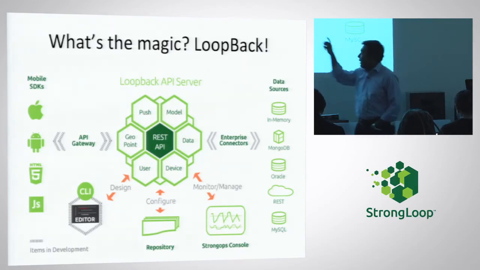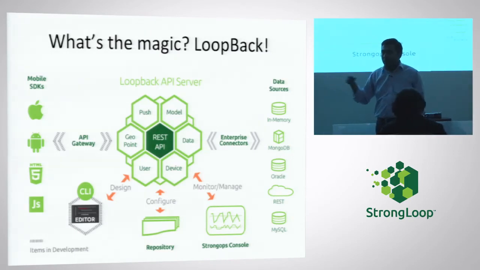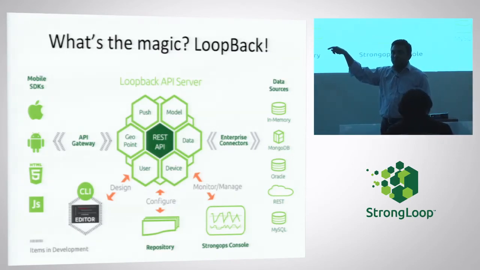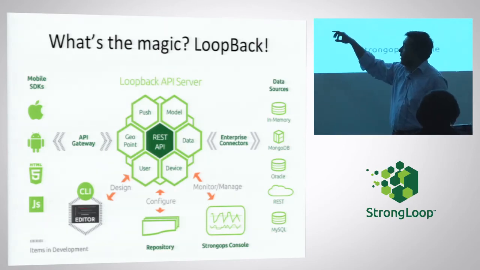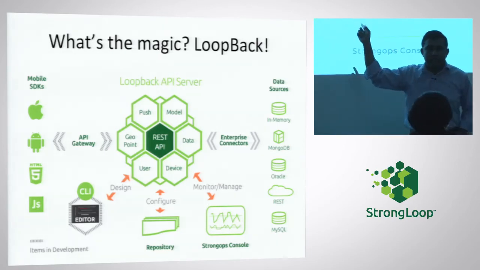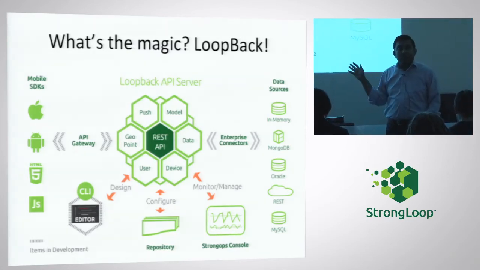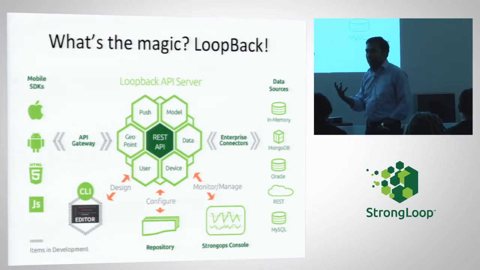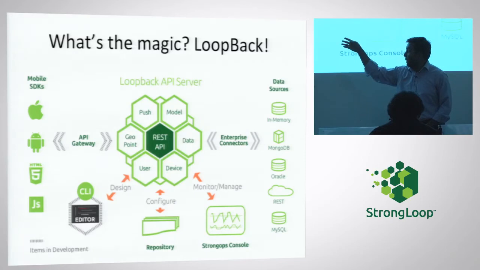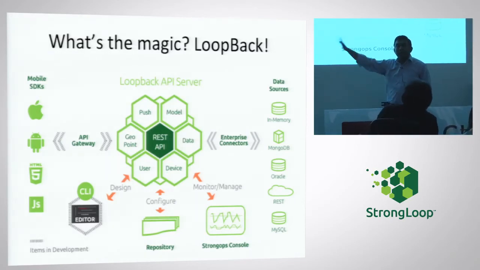So what the SDKs give you is a set of libraries. You can just pull them into your application, and instantaneously you get access to the data models that we just created on the back end. Now, those models on the client side and the server side are absolutely the same. So if you were chasing a use case like offline sync, where you did not have an internet connection and your app is running, it could be an Angular app, for example, and you need to store the state of a transaction in memory, in the browser, or maybe even on the device, you can do that on the client side.